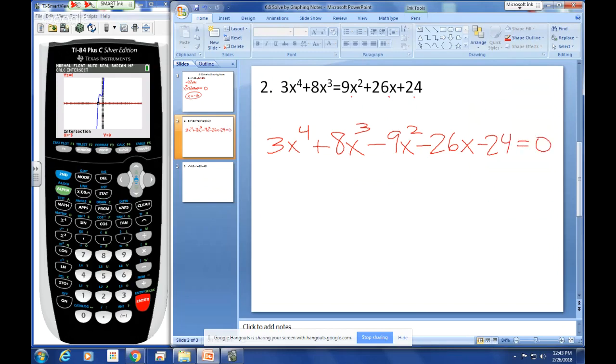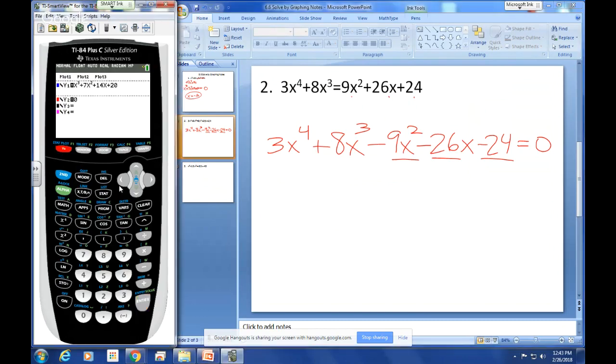Those last 3 things I moved over, and you should notice that by moving them over, their sign switched. And I get that equals 0 again. If there were like terms here, I would need to take care of that, but there aren't.